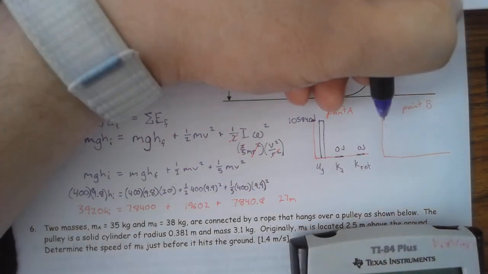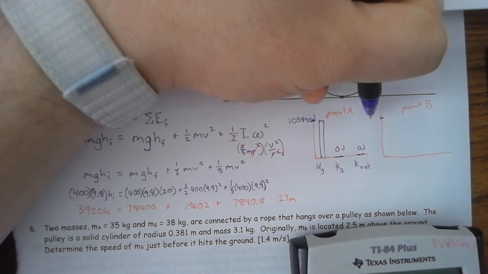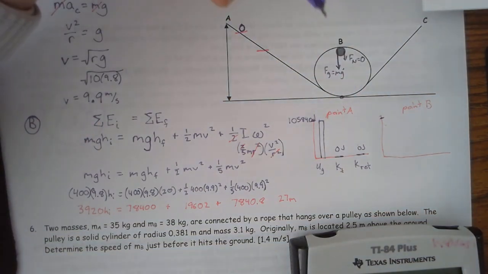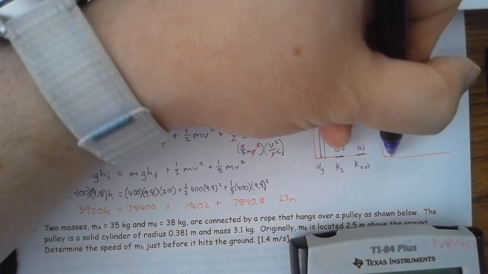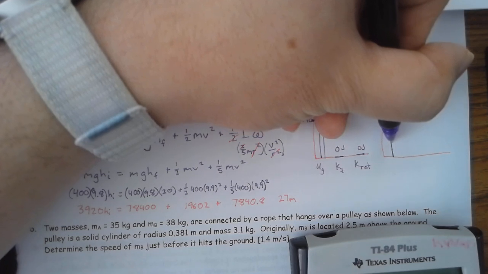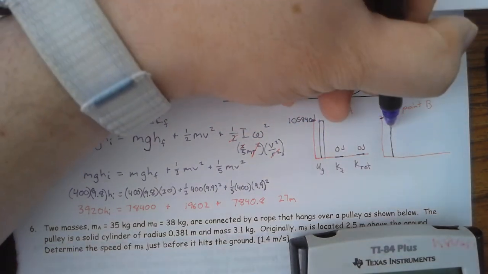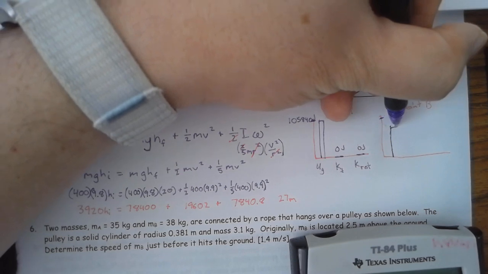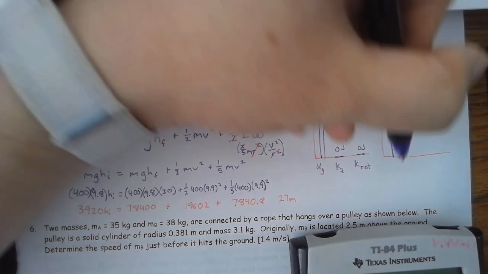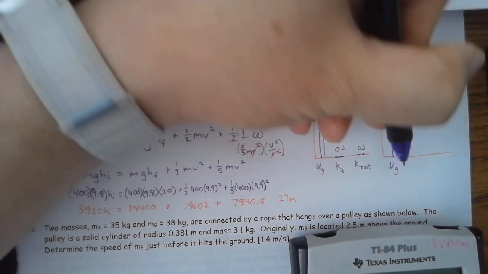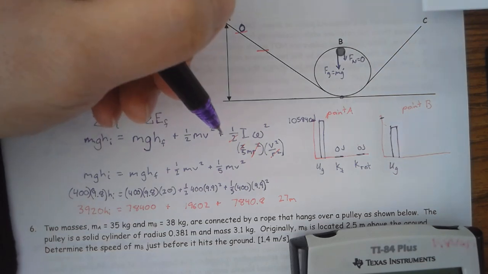Okay. Total energy still way up there. But we still need, and this is where we need to make sure that we have that initial, that about 70% of it is still UG. Right? We've only dropped 7 of the 27 meters.